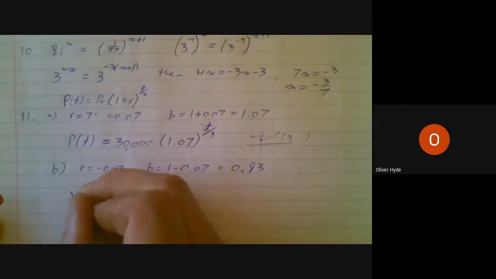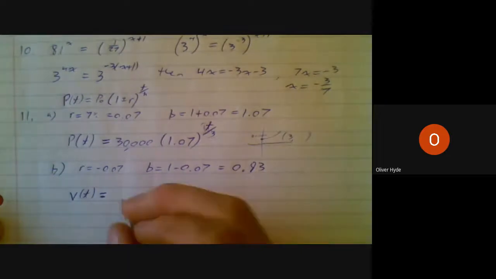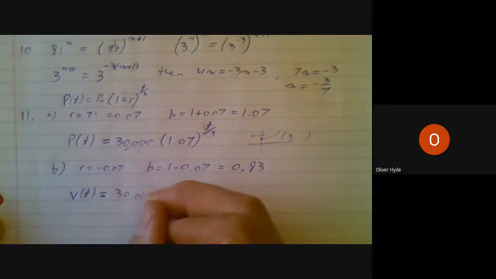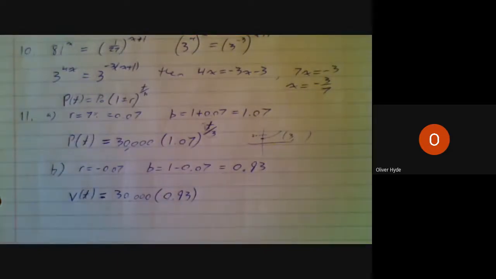Let's say v of t. Was I asked to declare my variables? It'd be good practice. I'll do that in a sec. Original value of $30,000. Base of 0.93. And then this says it depreciates in value by 7% every 6 months. I can't say let n represent the number of 6 months because the question told me to use t as the time in years.